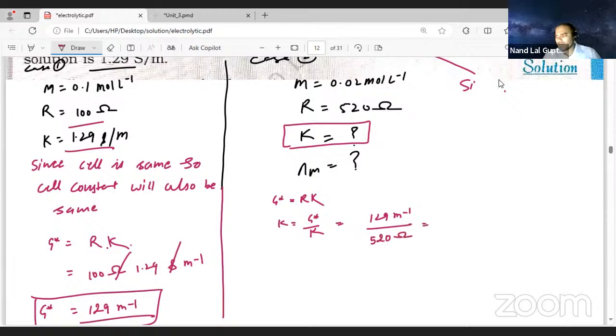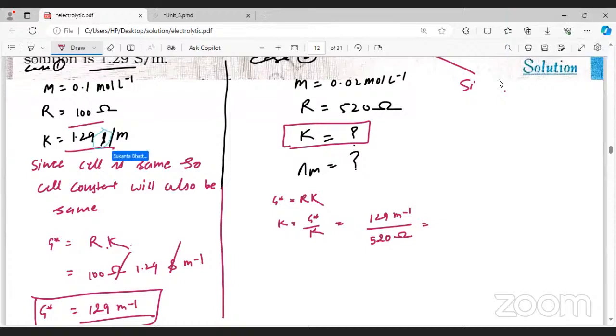You solve this one and check how much is coming. I'm dividing 129 by 520.